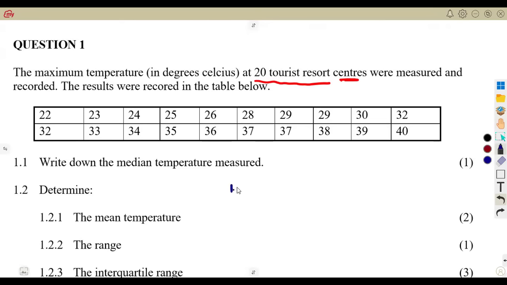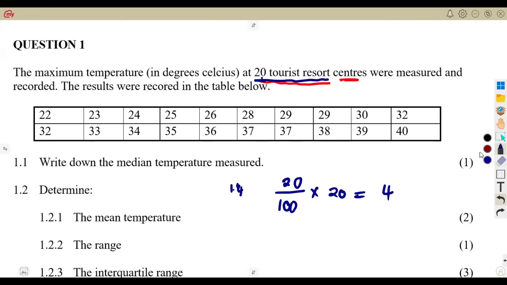What you need is to find 20% of the number of tourist resort centers that we have. Those are the centers which were being interviewed there, and they're the ones giving a report. So that's 20 over 100 of 20. So 20% of these 20 tourist resort centers gives us 4.